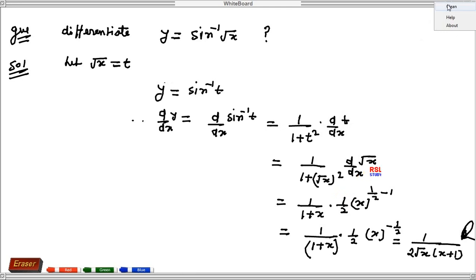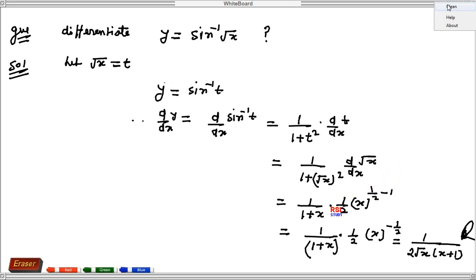Putting t equal to under root x, we'll differentiate it just like x power n, where n is 1 by 2, so 1 by 2 x power 1 by 2 minus 1. It is just like the differentiation of x power n.